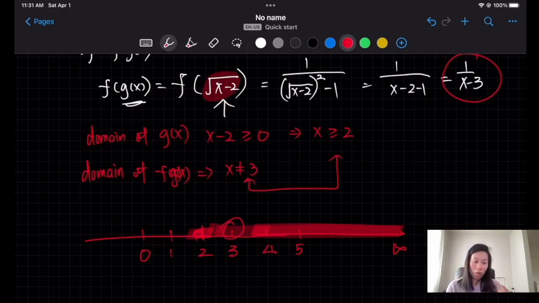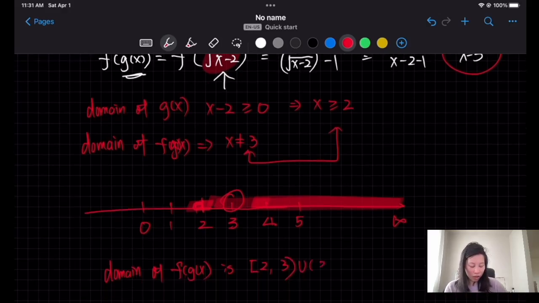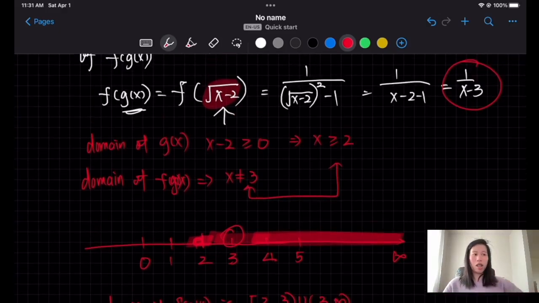So the domain of the composition function is everything greater than or equal to 2 but not equal to 3: from 2 to 3, union 3 to infinity. Because, like I said, you need to consider these two parts. So that's the domain of the composition function.